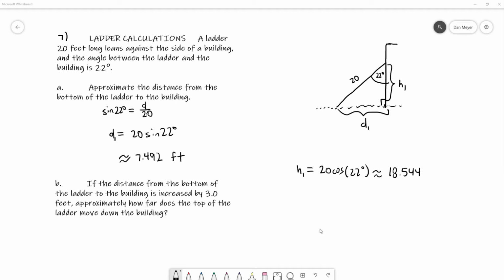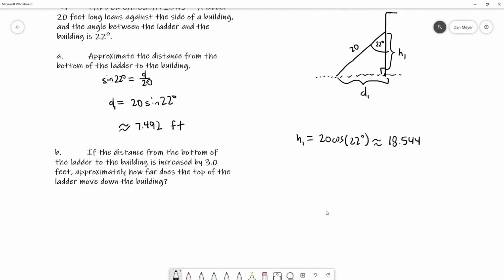Okay, so then once our ladder shifts, we have a similar picture, but it's slipped further away. Now the bottom of the ladder is a distance d2 away from the wall, and the ladder goes a height h2 up the wall.